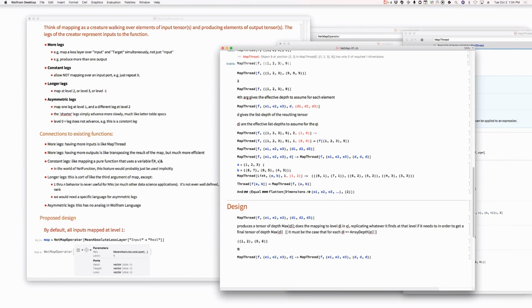Yes, that is true. But the point I was trying to make is that the fact that the 9 gets replicated, what we've got to communicate in the usage message of this putative extension of MapThread is how exactly that 9 gets replicated and under what conditions.